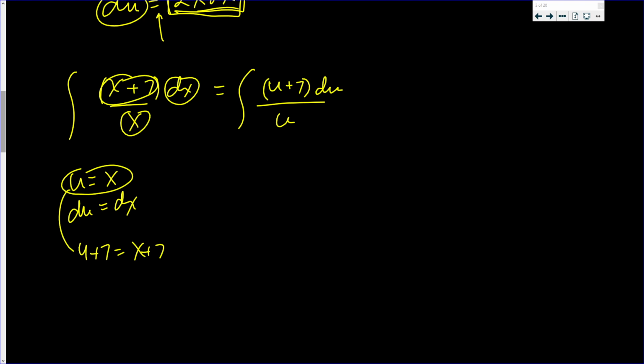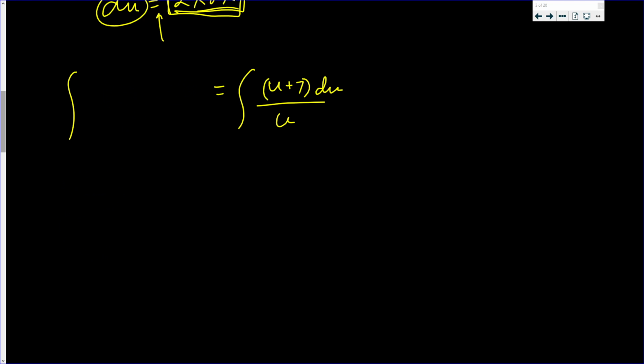But it's the same integral. All I did was change x's to u's. That didn't get me anywhere. Never make a change that says, oh, let x equal u, or let x equal t, or x equal y. It doesn't get you anywhere.